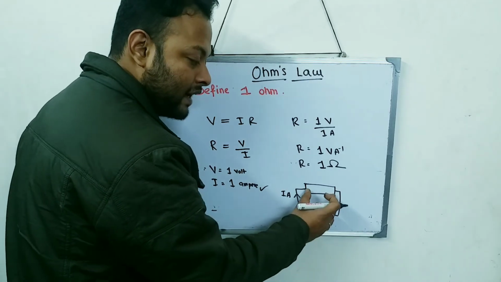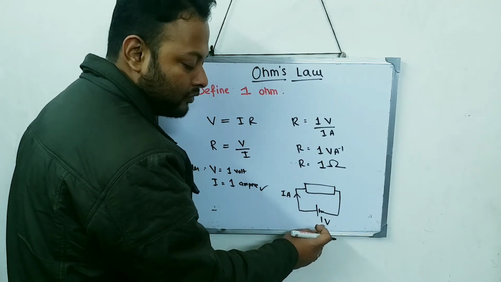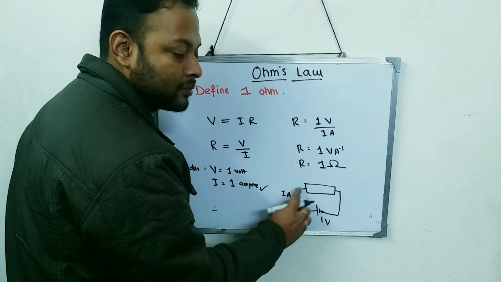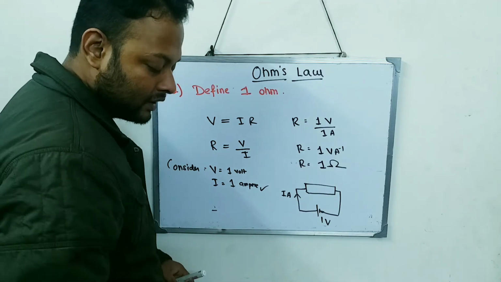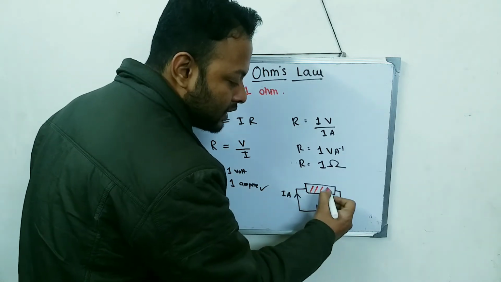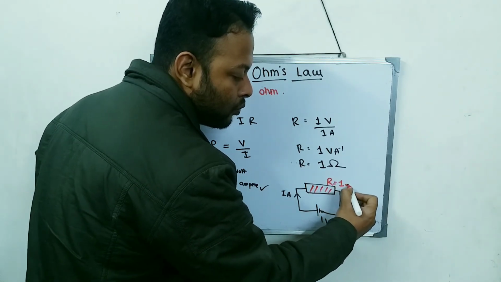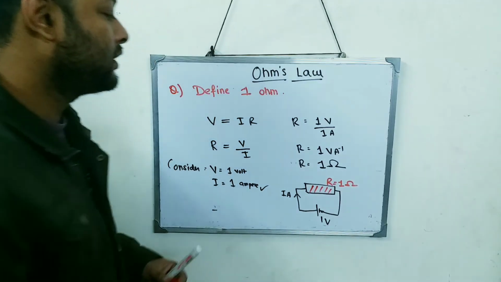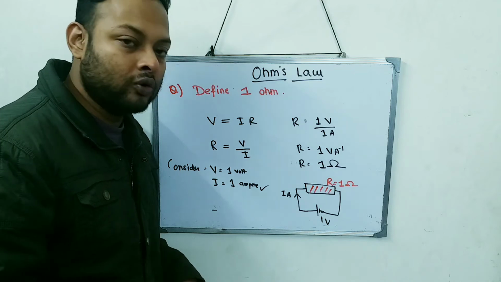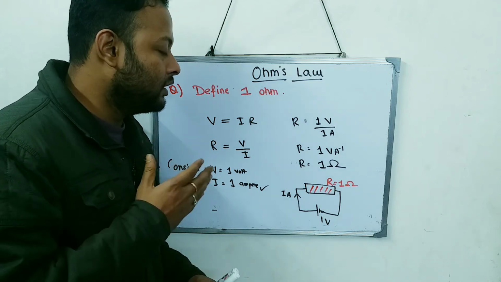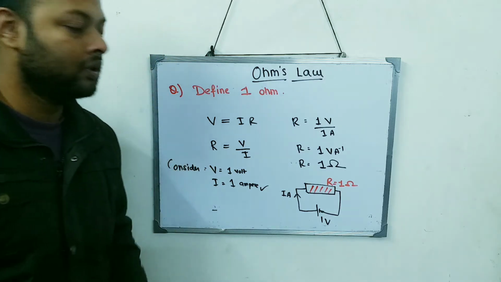So the ends of the conductor are connected to a potential difference or a battery of 1 volt, and a current of 1 ampere is passing. Then the resistance of this conductor will become 1 ohm, right? That exact definition you will get in your book or in my notes also. So I hope you understood how to define 1 ohm.